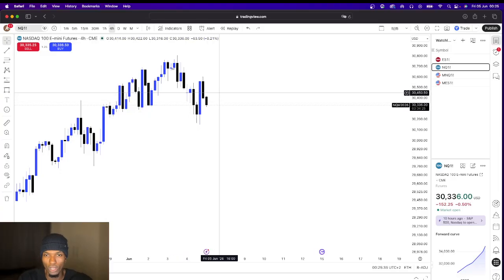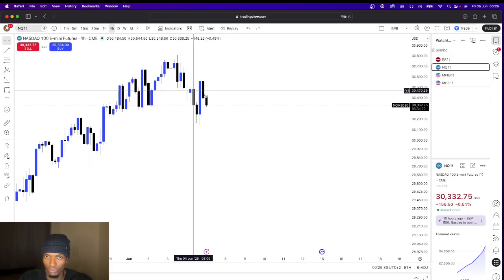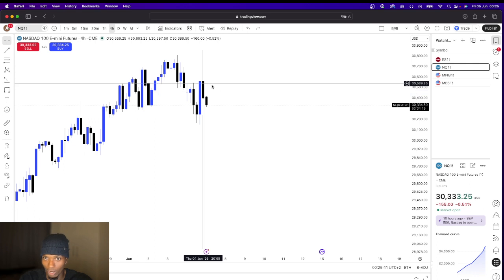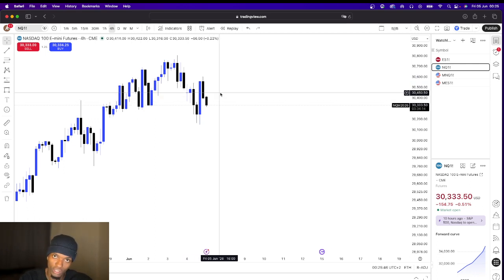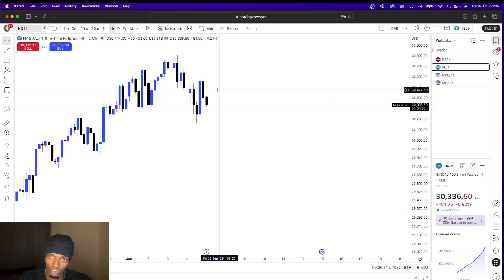What happened over here doesn't matter that much. We only care about what's happening now. Are we bullish or are we bearish? Did we inverse any fair value gap or not? Did we break structure to the upside or to the downside?